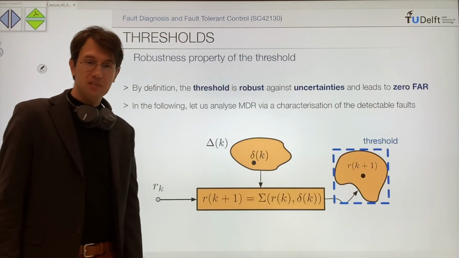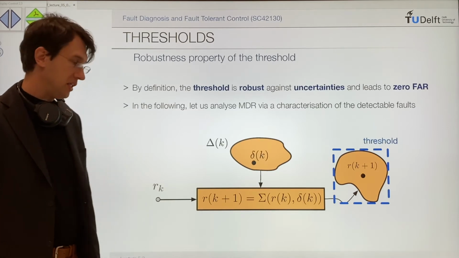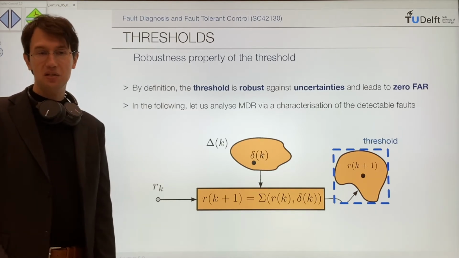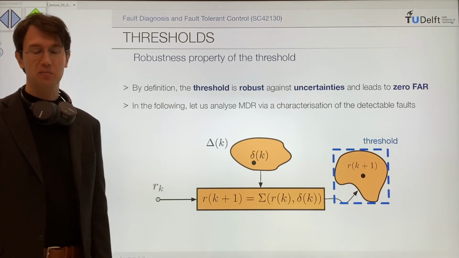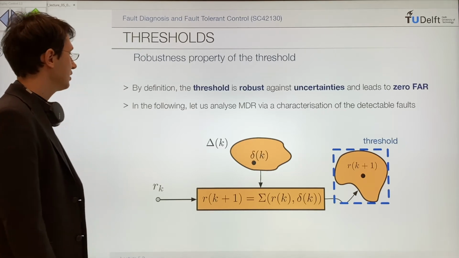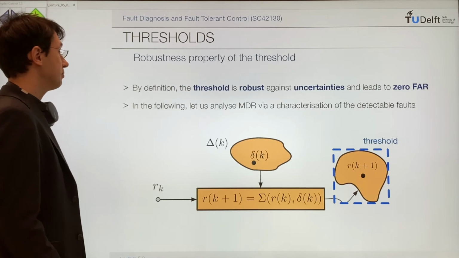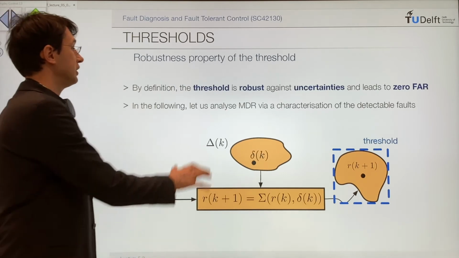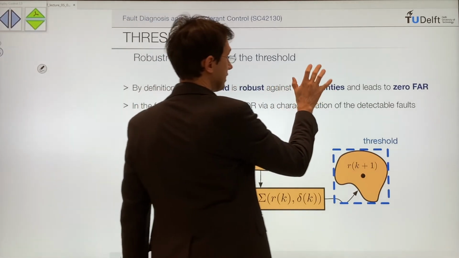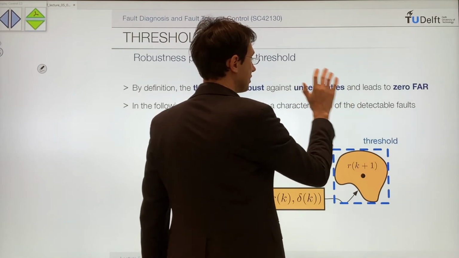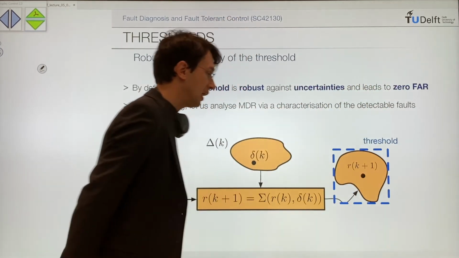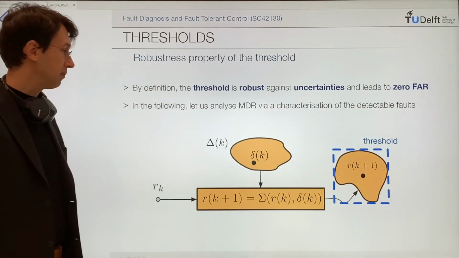Okay, so when we introduce this threshold, we have just seen that it is quite complex from a computational point of view. So is it worth it? Well, yes, it is, because by definition, this threshold is robust against uncertainties, and it is going to lead to zero false alarm rates, zero.